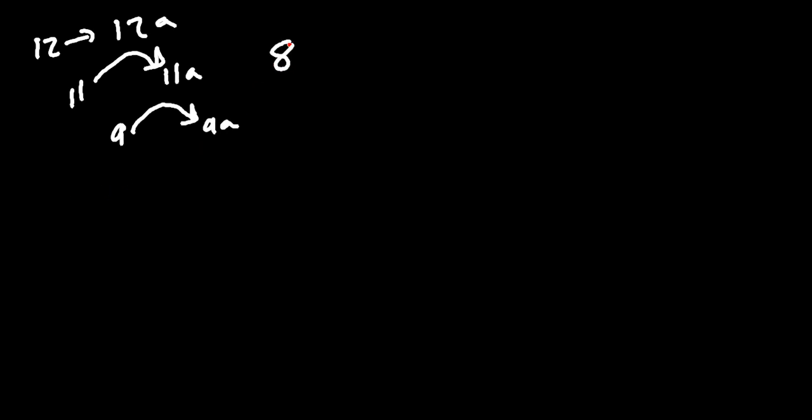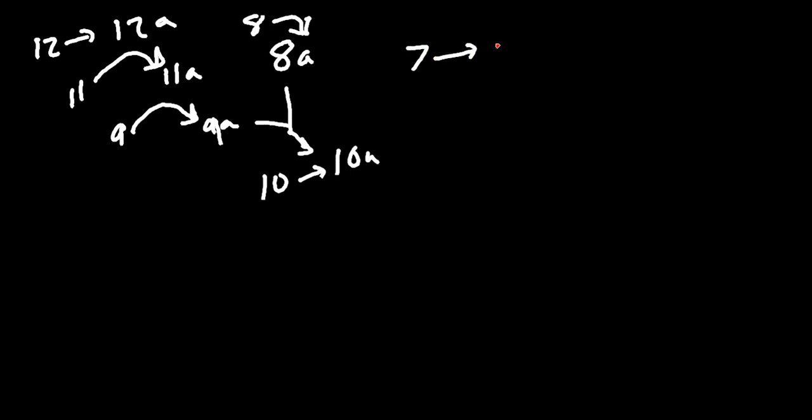I'll throw that in here, 8A. Remember, 8 goes to 8A. Factor 9A and factor 8A will both combine to give you 10 to 10A. However, this is the intrinsic pathway. You've also got the extrinsic pathway, 7 to 7A, and that's going to be through tissue factor.